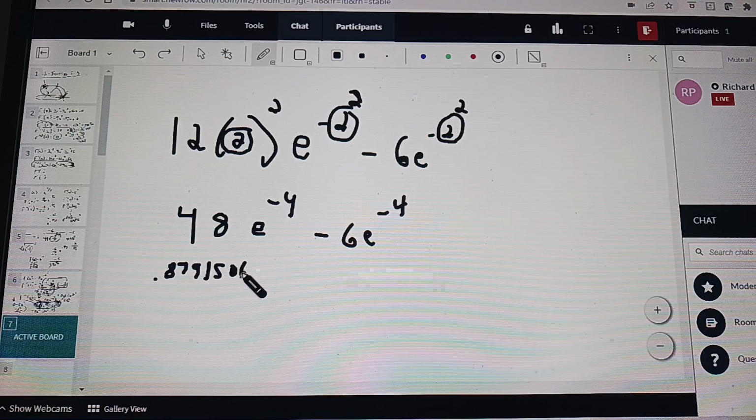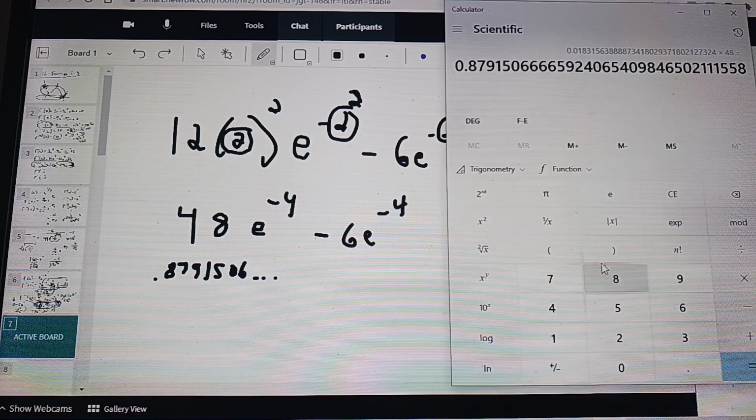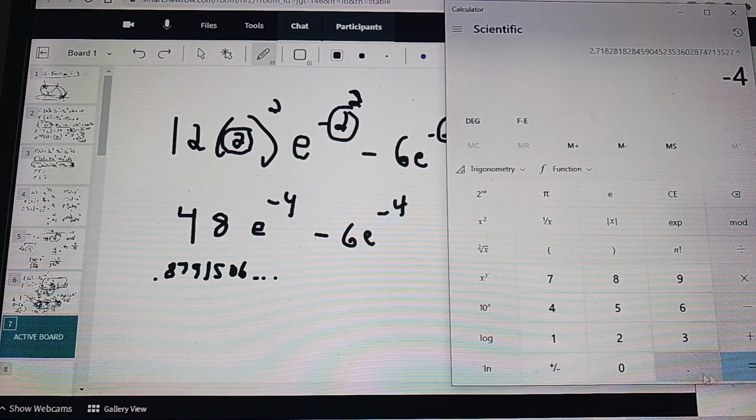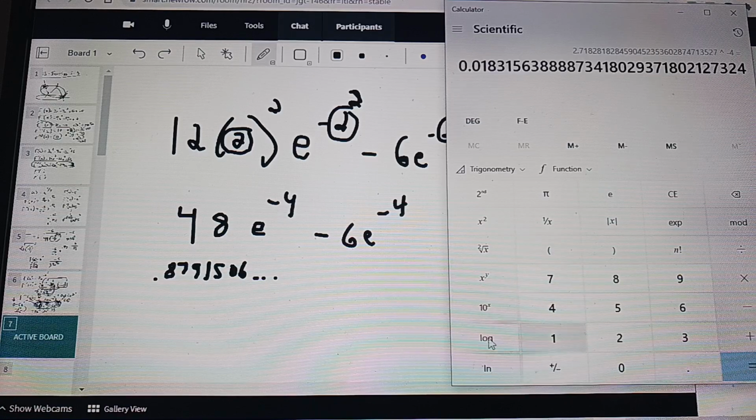0.8791506. We're rounding to 4 decimals at the end, so if I carry like 7 or 8 decimals, that should probably be enough. So e raised to the negative 4 again, and then multiply by 6 or negative 6.